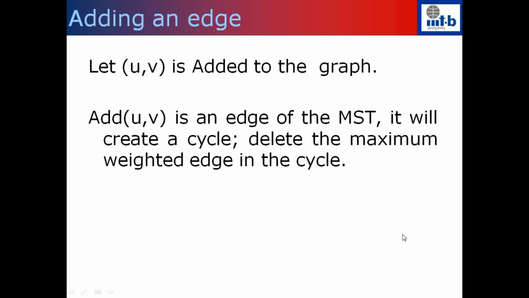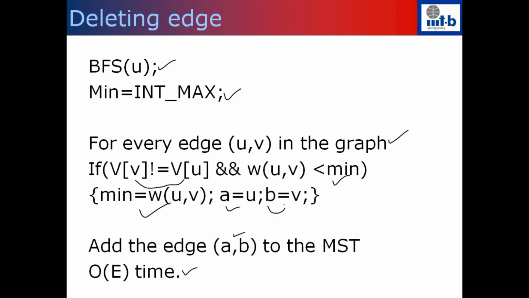So now let's look at how to update the MST. In all these examples we are assuming that the MST is the minimum spanning tree. In the previous example, if you wanted to update a maximum spanning tree, all you need to do is keep track of the maximum instead of the minimum.